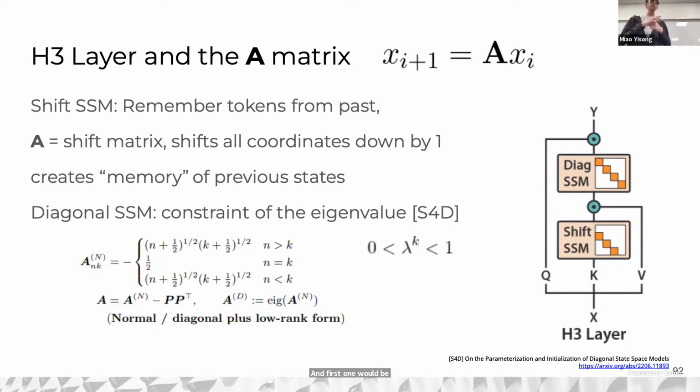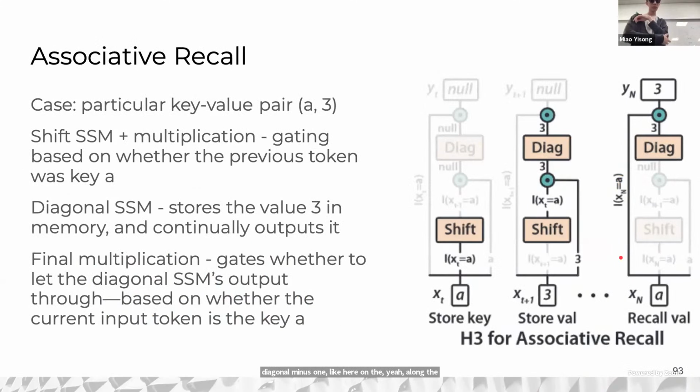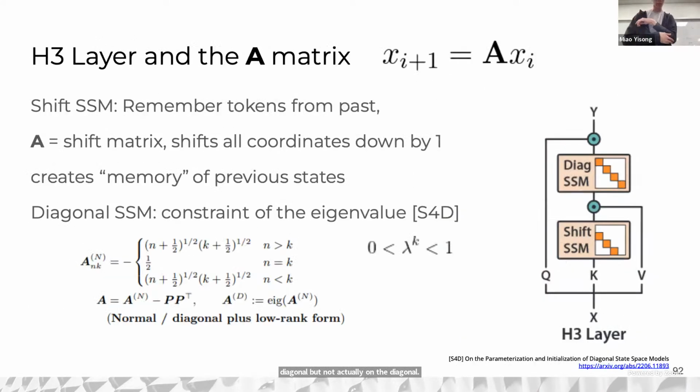A shift SSM is a matrix of ones along the diagonal, but not actually on the diagonal, it's along the diagonal minus one. What this does is that when it's multiplied with the matrix, it shifts all the coordinates of the matrix down by one, which leaves a space for the output to be added to. This way it creates a memory of the previous states.